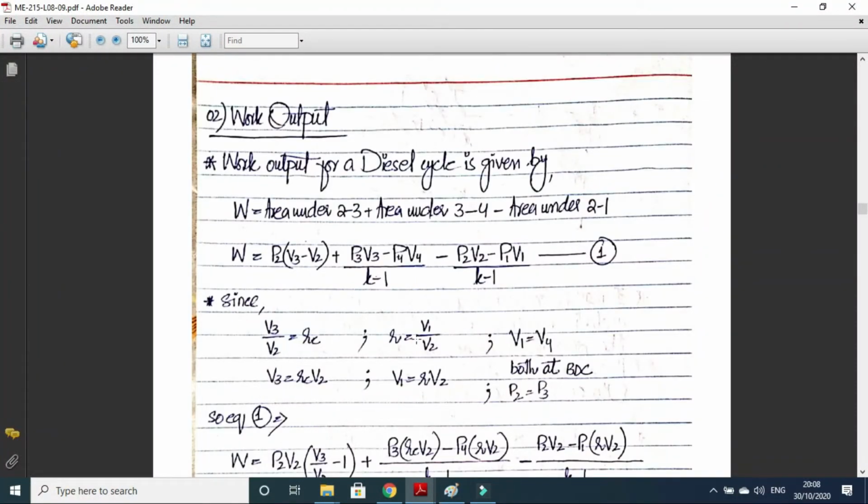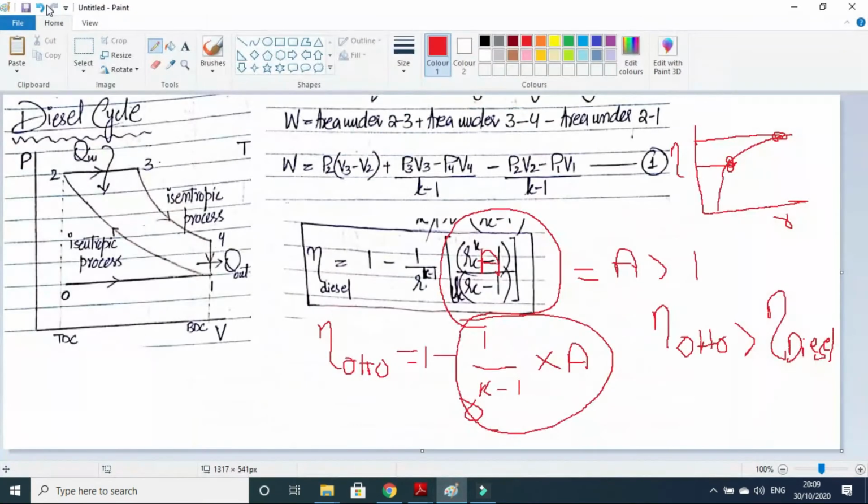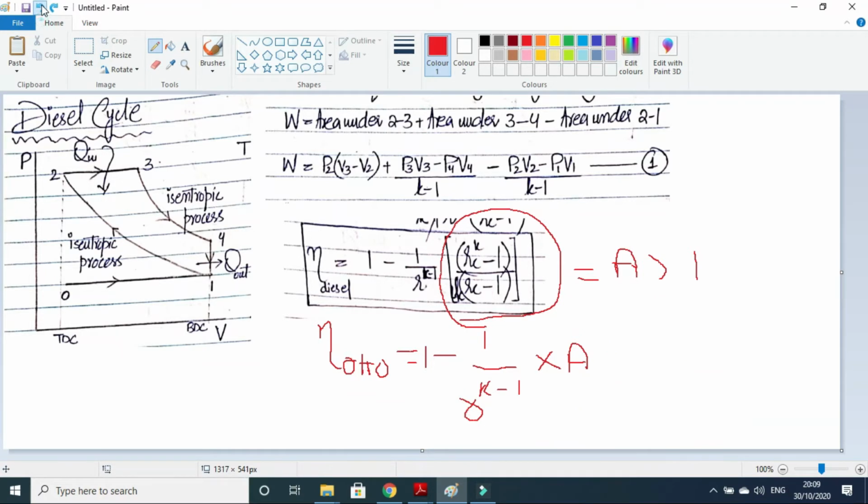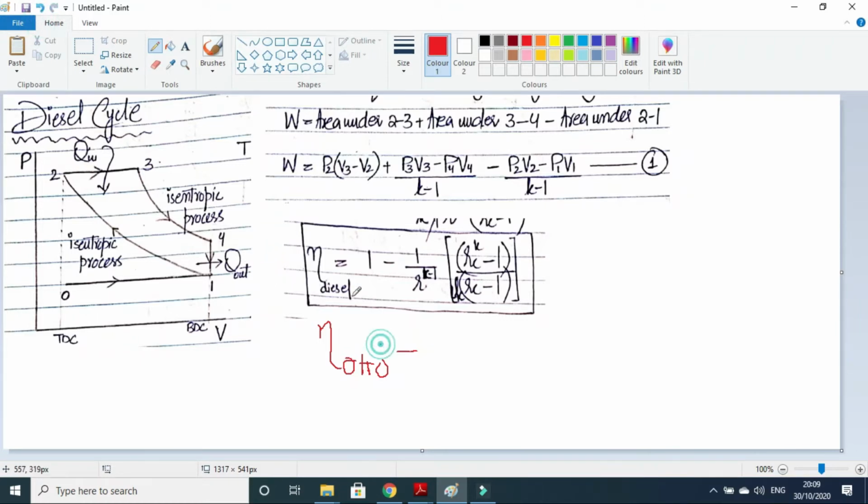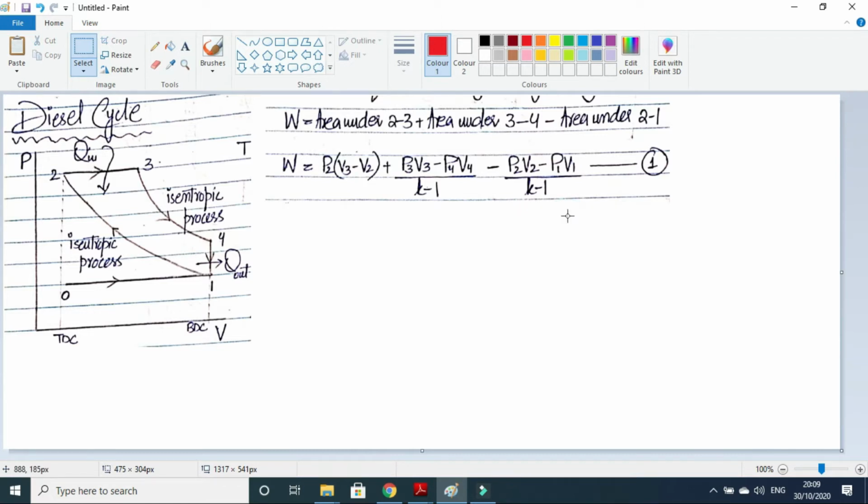Okay, now let's do the derivation for the net work output. So this thing I have shown here. Now, if we look at the PV diagram of the diesel engine, 3 to 4 will be the area under the process curve 3 to 4, and this is the work output.